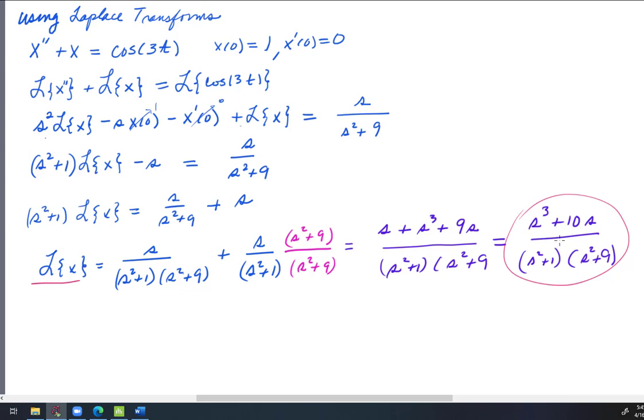Now, it's going to be really tough to find the Laplace inverse of this expression, but if I break it down into simpler expressions, I shouldn't have any trouble finding the inverse Laplace of what I've circled here in red. So maybe that's the first thing we ought to do.